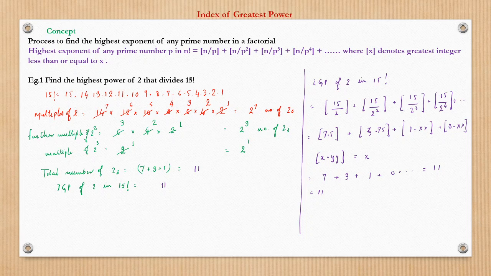So this can further be simplified into another method. So this was method 1, and this is method 2.